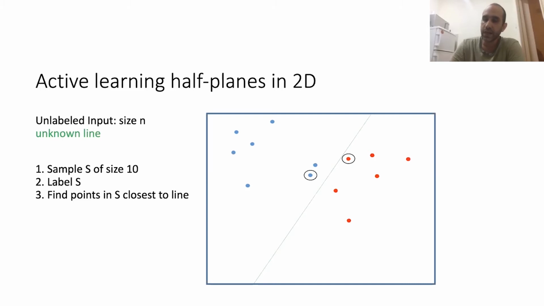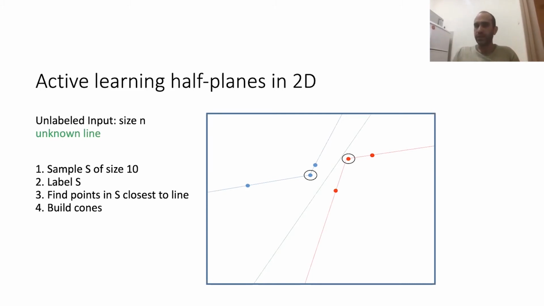Then what I want you to notice is that if we consider these two cones, the red cone is defined by taking the closest point to the green separating line and the two neighbors on the boundary of the convex hull of the red points, and then you generate this angle. The observation is that within the red angle and the blue angle, the labels must be positive or negative, respectively.